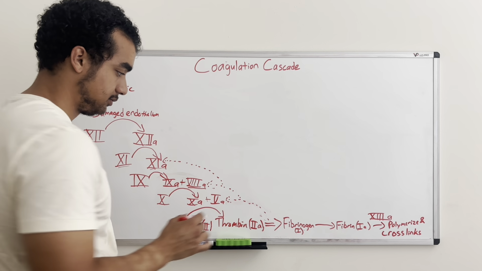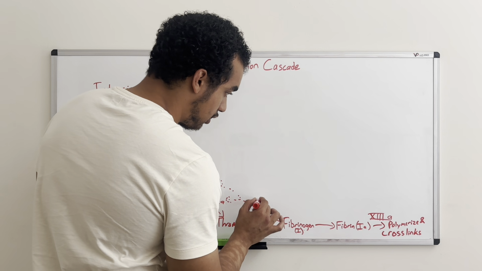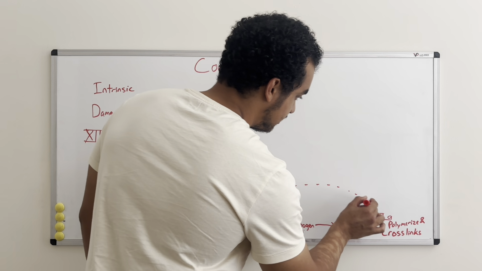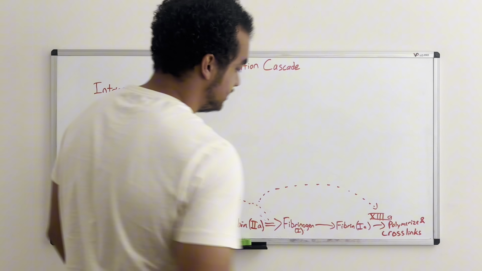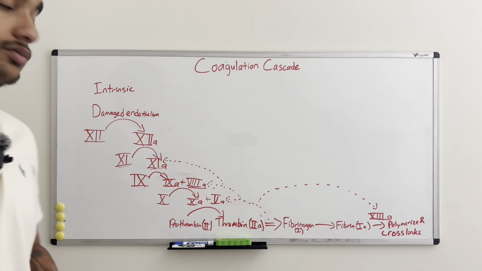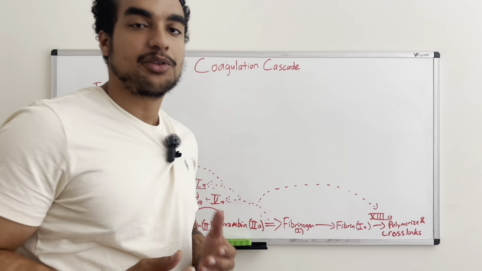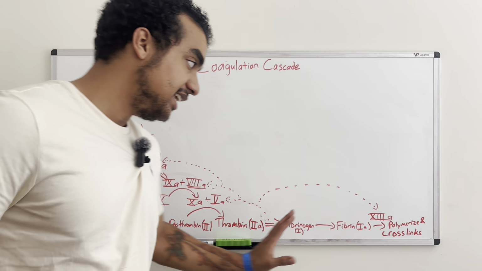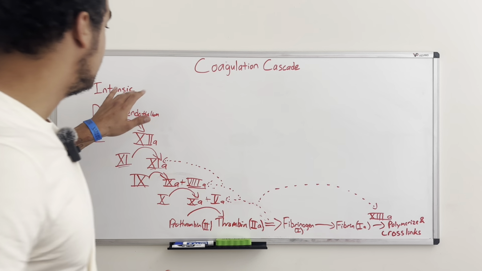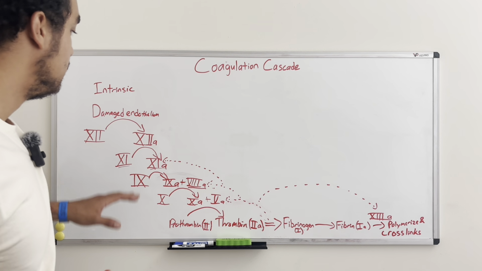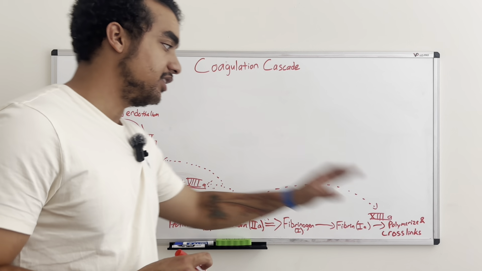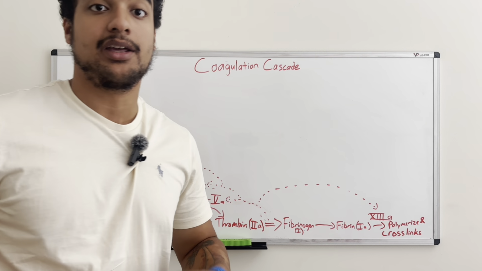On top of that, thrombin also upregulates factor 13. So some of the four most important molecules in this coagulation cascade, the intrinsic pathway, again, 11, 8, 5, and 13 are upregulated by thrombin.